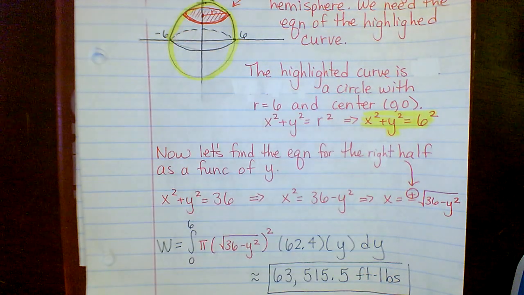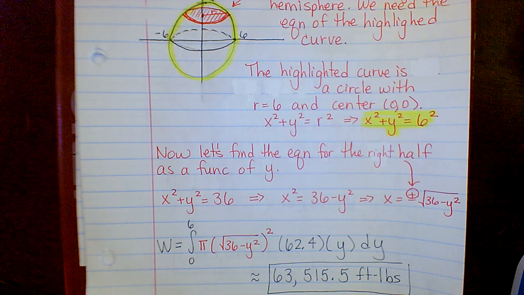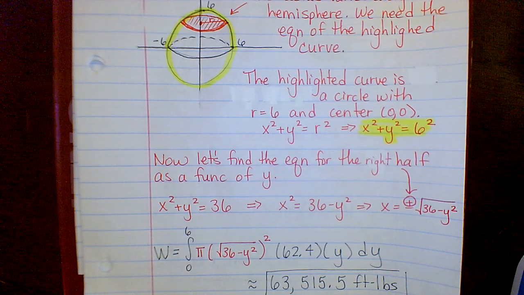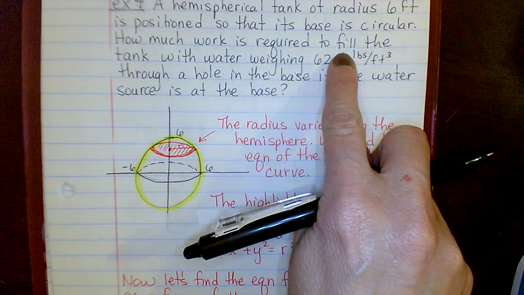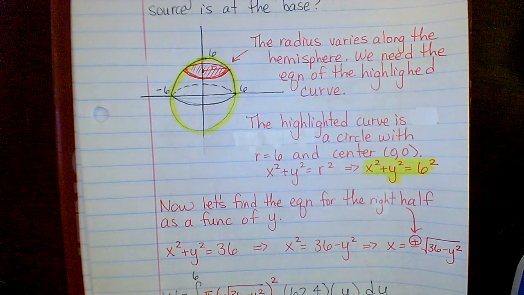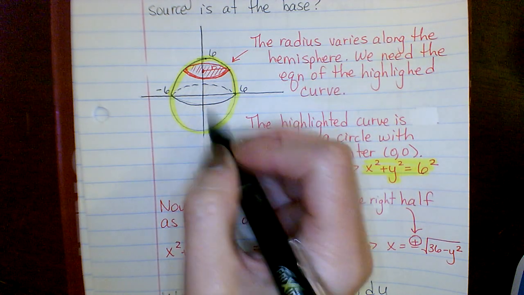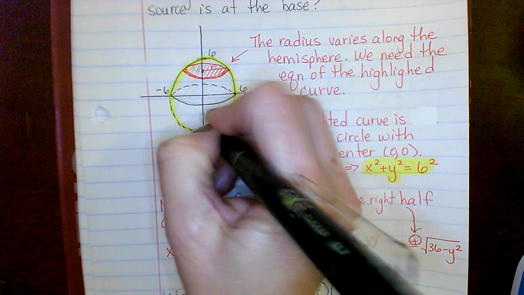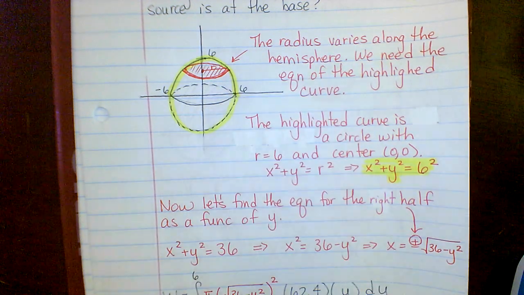So my work done is going to be the integral from 0 to 6. Okay, why is it from 0 to 6? Well, because I'm filling up the tank. So I'm looking to fill this tank. Remember, this stuff down here, I only put in just to show you that it was a circle.